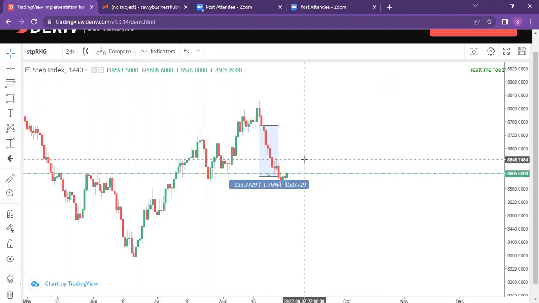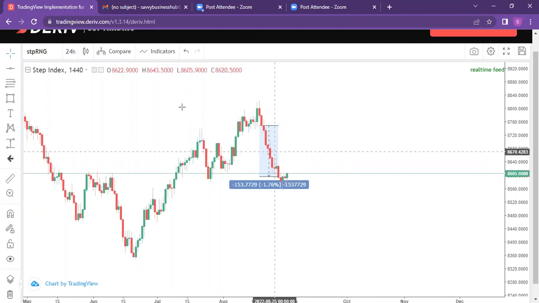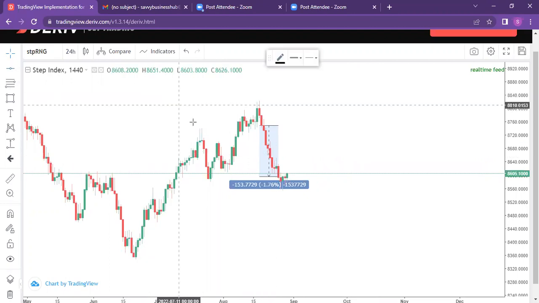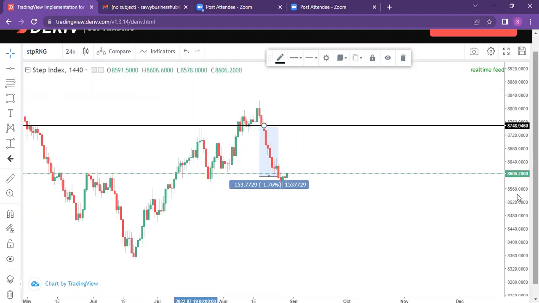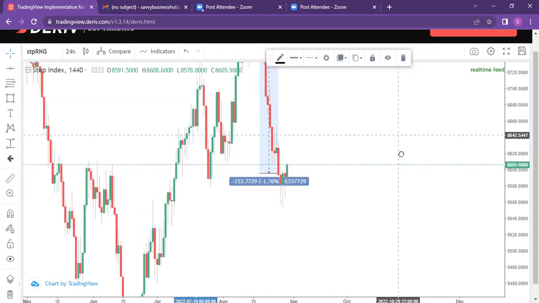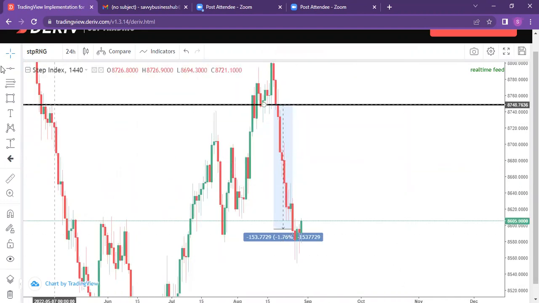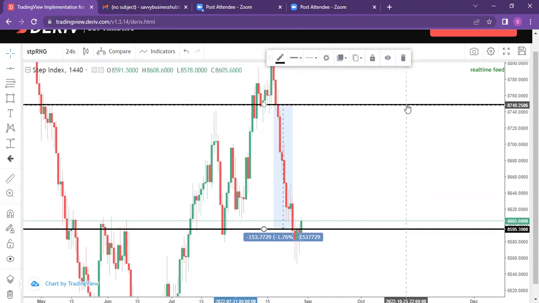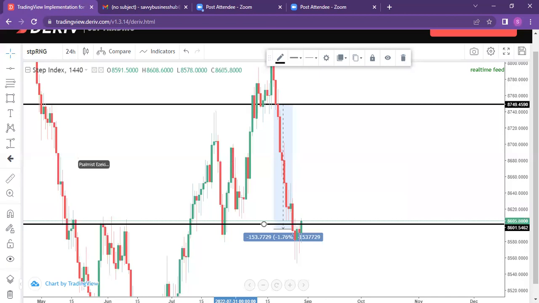So, for instance, let me use a horizontal line. Let's say from 8749 to 8589. Let me subtract it: 8749 minus 8589.